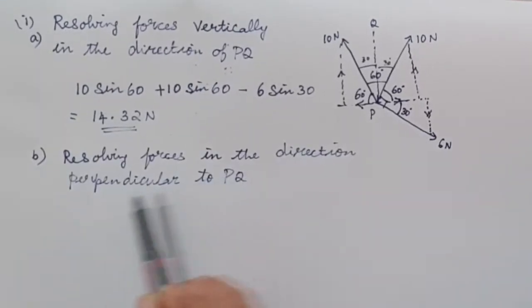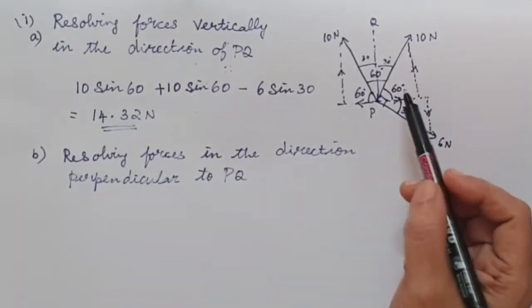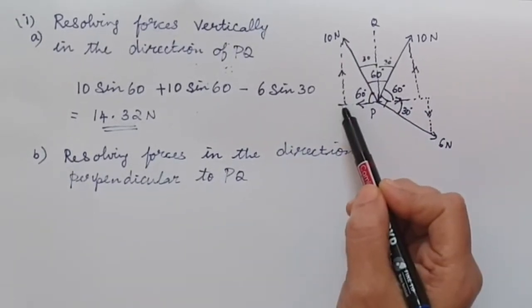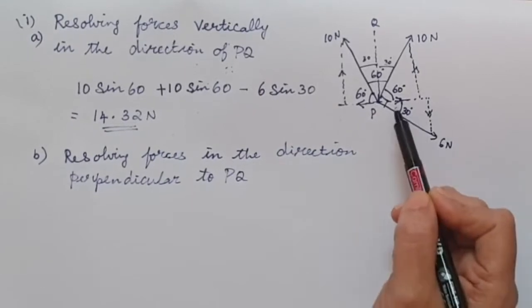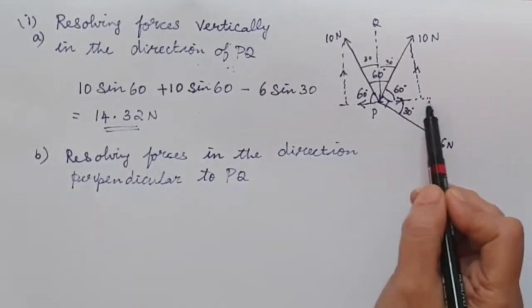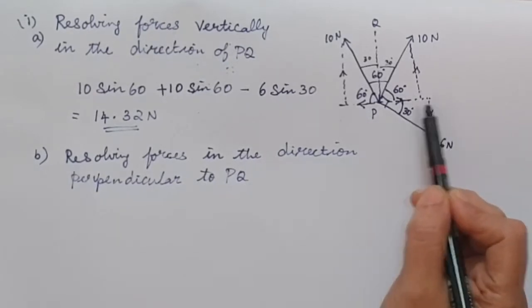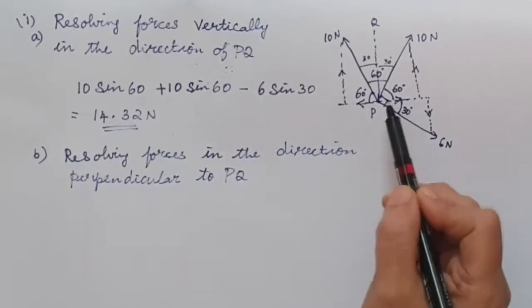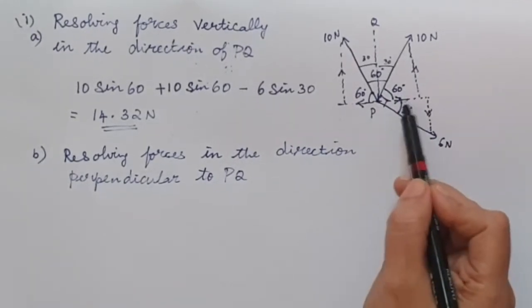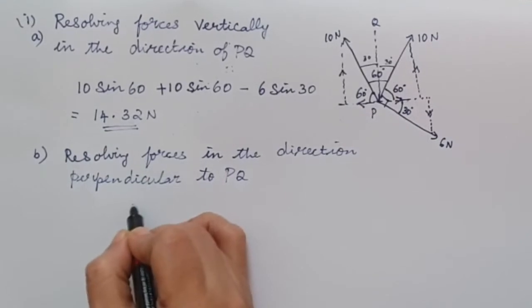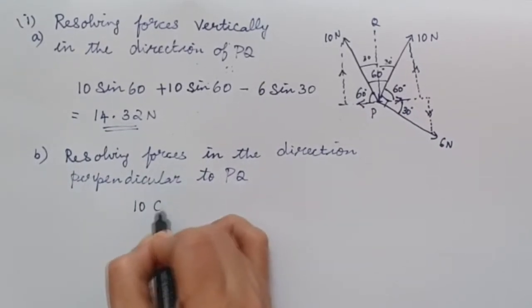Now resolving forces in the direction perpendicular to PQ. This is PQ, so this force, and this way we have for 10 Newton and for 6 Newton. We take the right as positive, so automatically this line will have a negative symbol. For this 10 Newton, this is the adjacent side, hypotenuse is 10, so adjacent we write it as cos: 10 cos 60.